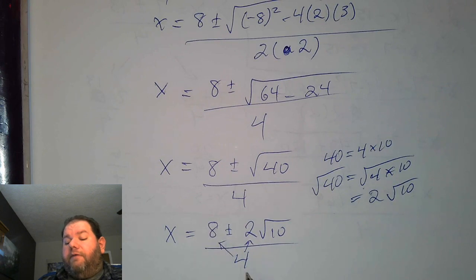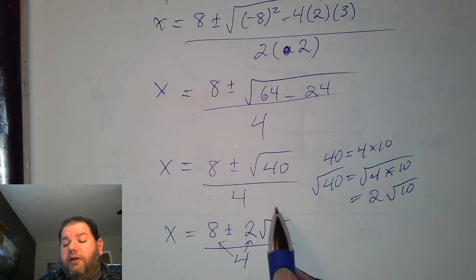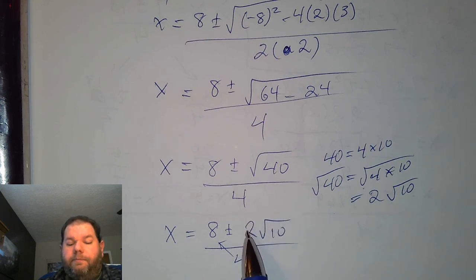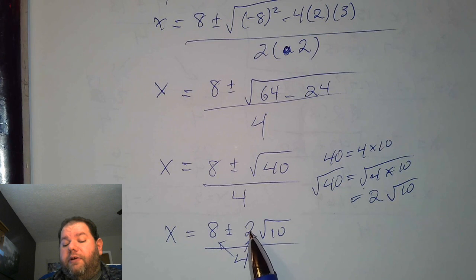So we would do 8 divided by 4, and then we would do 2 divided by 4. Now, notice here, because these two have this square root connecting them, 2 times the square root of 10, that's all considered one term. So when we divide by 4, for one thing, we can only divide the number outside the radical by 4.